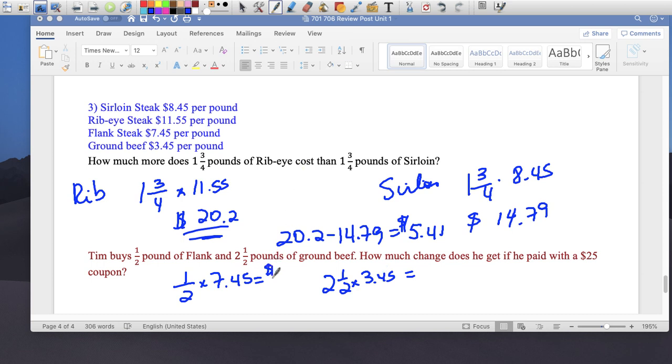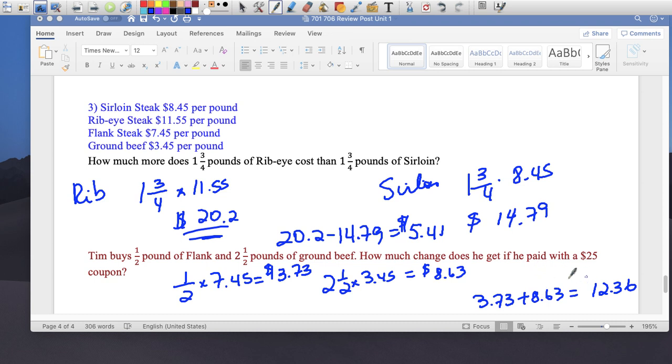This is going to be 3.73, and this is going to be 8.63. So we're going to add these two, right? So 3.73 plus 8.63 equals 12.36.